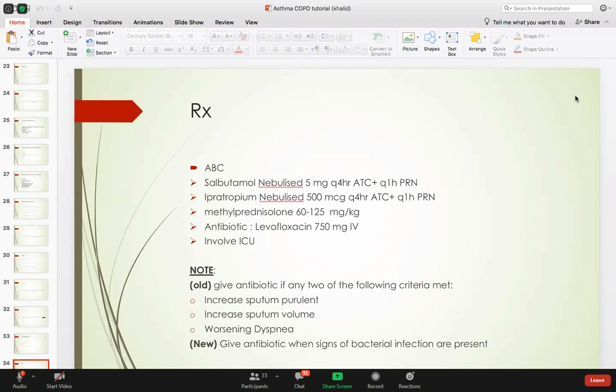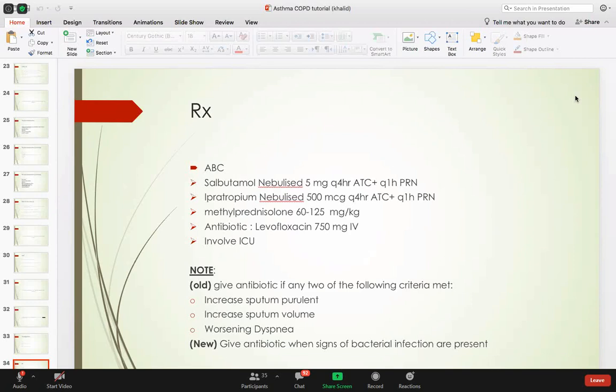Why didn't we give him, for example, peptazo with ceftriaxone? Because he is allergic to penicillin. Good, excellent. And don't forget to involve ICU because he is very sick.